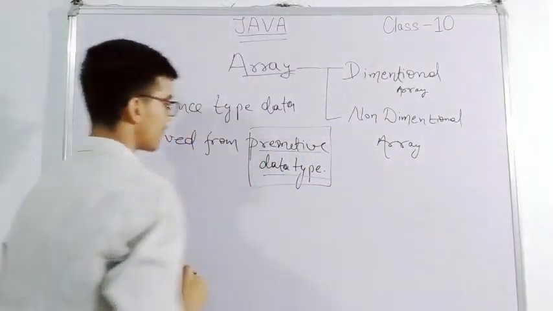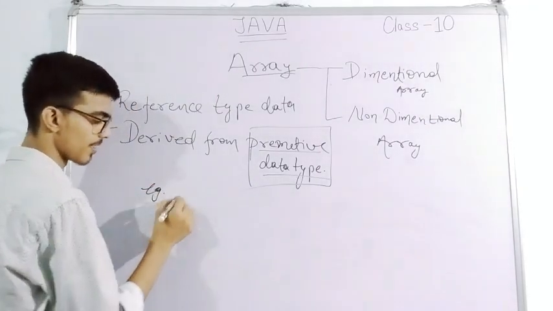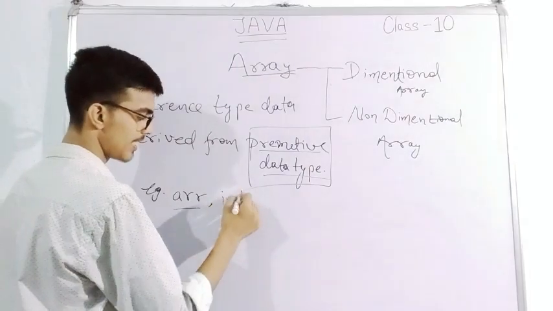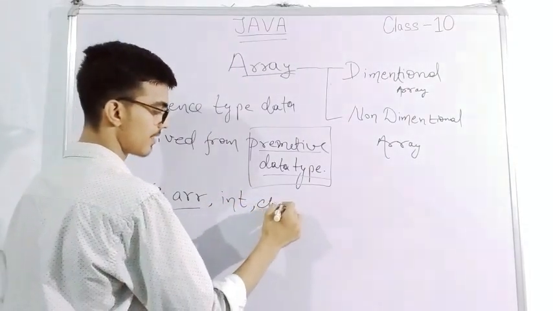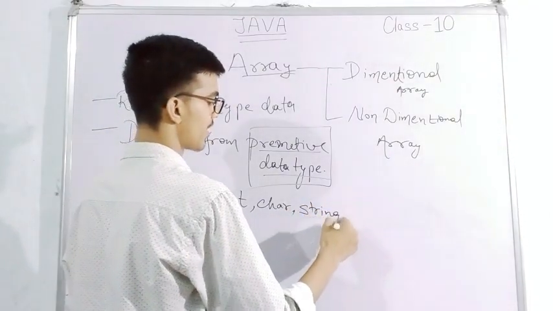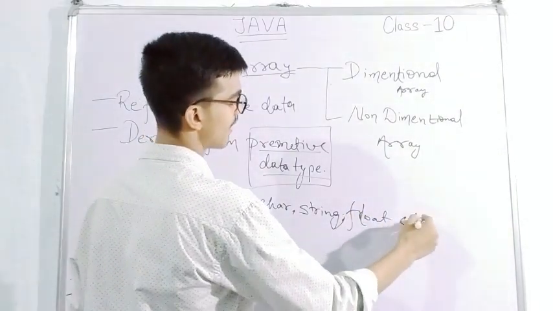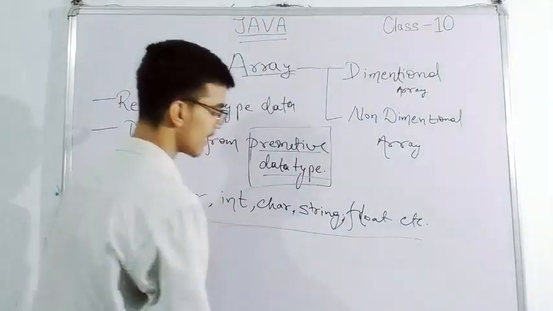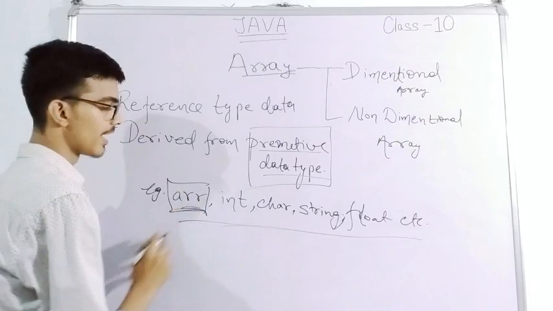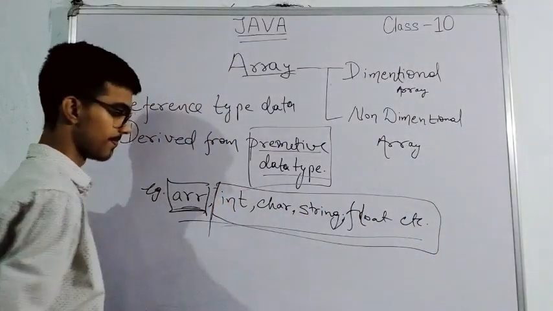So derived from primitive data type, example: ARR, which we'll know today, int, char, string, float, etc. There are many, but this is just an example. ARR, which we'll know today, and these all we know are the primitive data type.